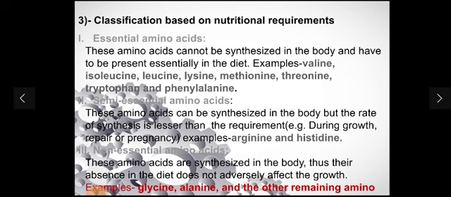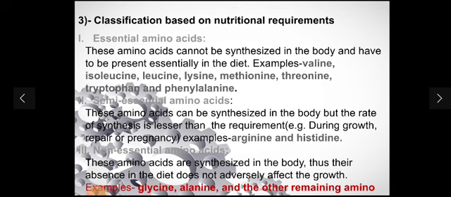So essential amino acids are those that are not produced in the body, but the body depends on them for its normal activity, and you can only get them through diet. Examples are valine, isoleucine, leucine, lysine, methionine, threonine, tryptophan, and phenylalanine.